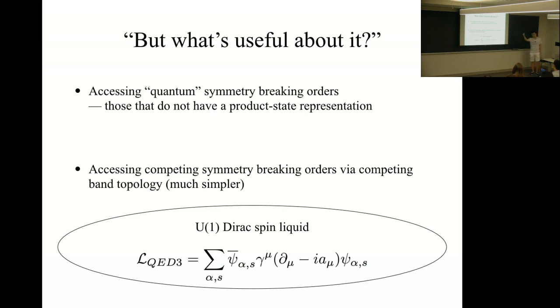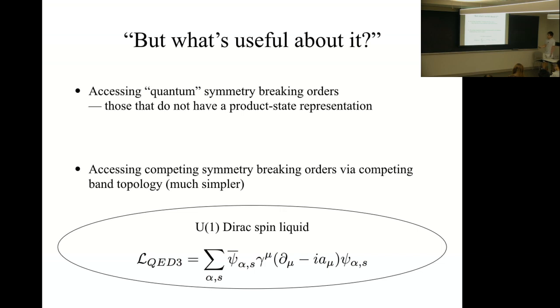Well, we know that. We close the fermion band gap and try to reopen it in some other way. And when you do that, what you typically get is some number of gapless Dirac fermions. And that is the theory of the U1 Dirac spin liquid.